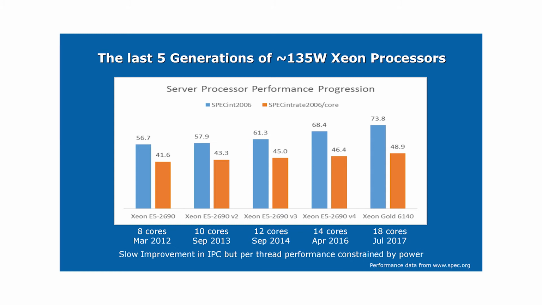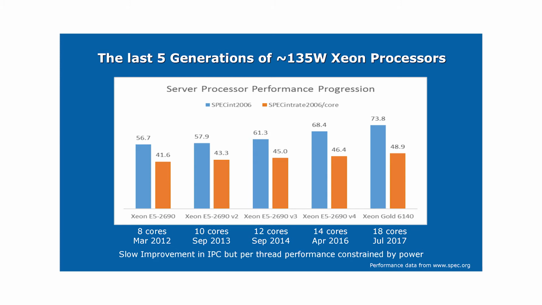So here's what I did. I took the last 5 generations of the Intel Xeon processors, starting with Sandy Bridge in 2012, all the way to Skylake, which was announced in July. All of these are 135-watt Xeon processors. So at the same power, you can see that the single-thread performance went up very gradually, slightly.